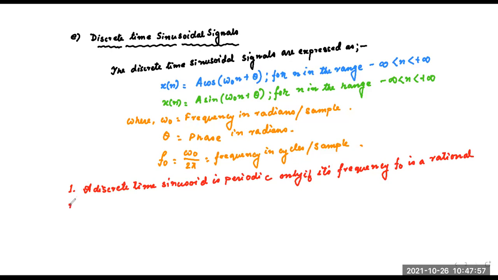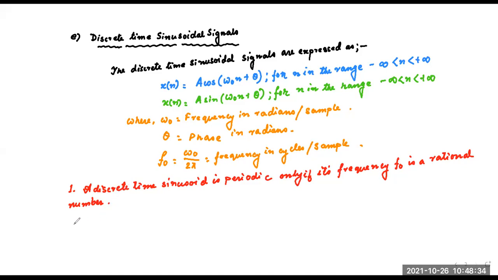What is a rational number? The p by q form. Yes, a ratio of two integers. Rational number means ratio of two integers. If it is not a ratio of two integers, then it is not called a rational number.